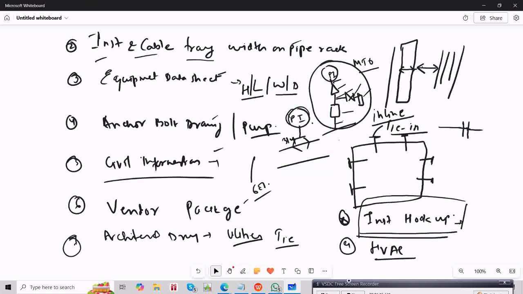For this HVAC, the openings are important, because the way they route their HVAC duct should not clash with your piping. So for that purpose we need the HVAC ducting layout. Understood? So these are the information that is required for piping to start their work. Any doubt till here? No, sir, clearly understood.